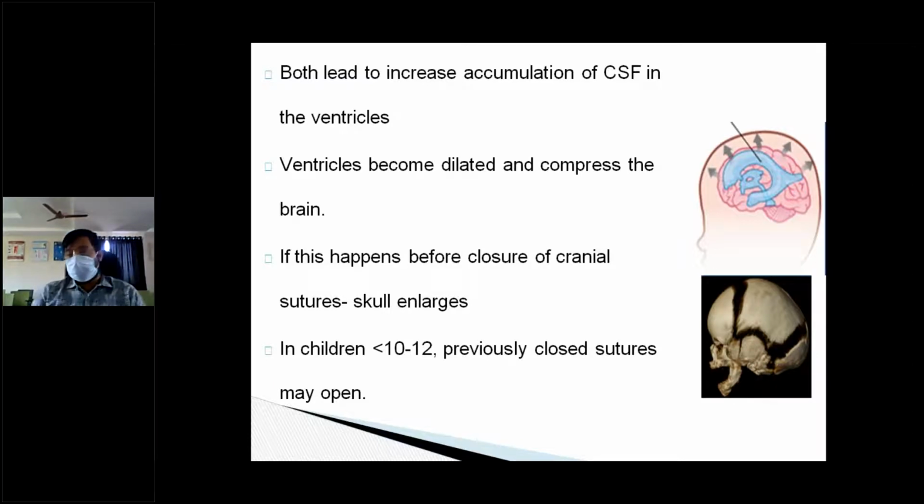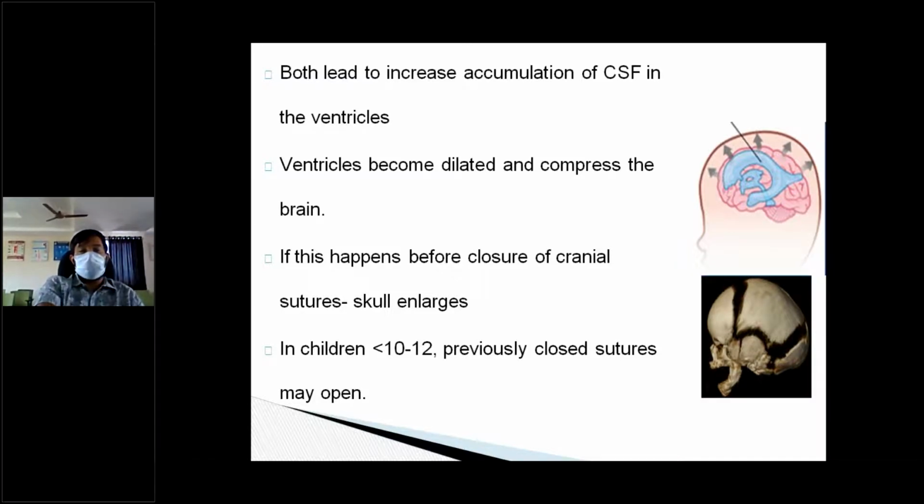Both types of hydrocephalus, non-communicating and communicating, lead to increased accumulation of CSF in the ventricles, so they become dilated and compress the brain. This happens before the closure of the cranial sutures, and the skull enlarges, causing impaired fusion.